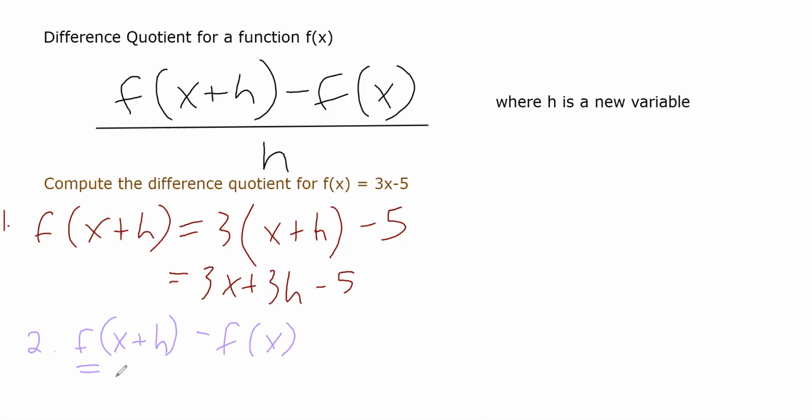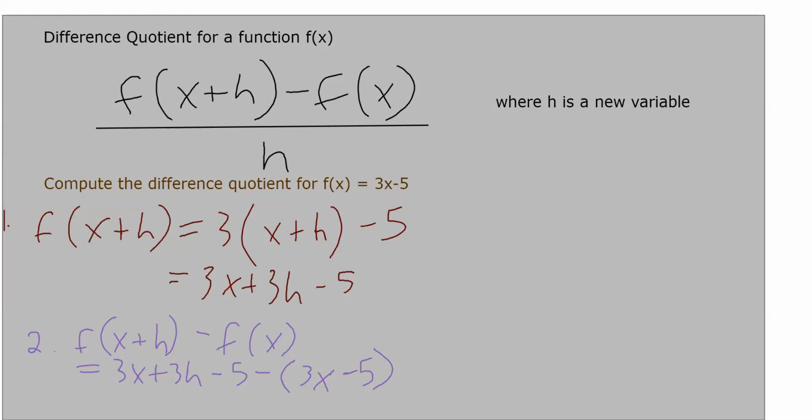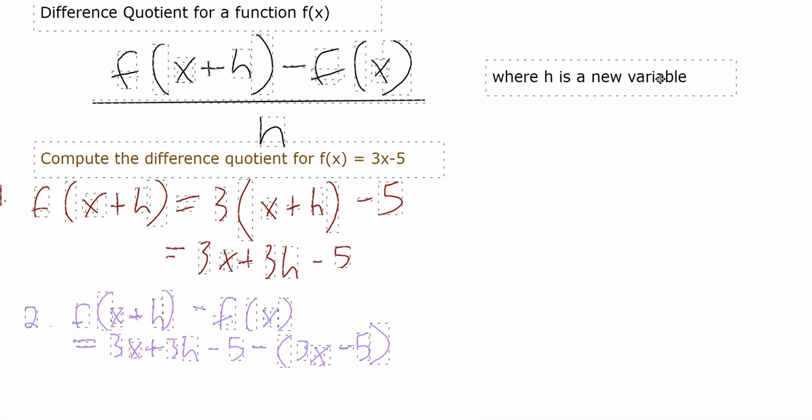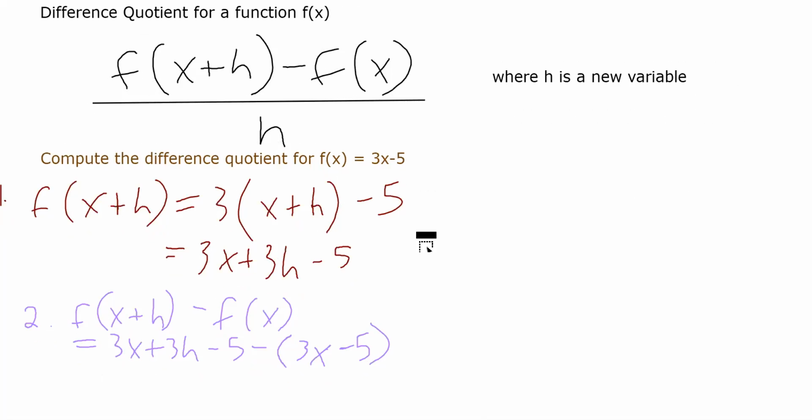All right, well, I got f of x plus h as 3x plus 3h minus 5, correct. Now we're going to subtract off the original f function, and we need to put it in parentheses because we need to subtract the entire thing. Let's see if I can even squeeze this all up and give myself even more room.